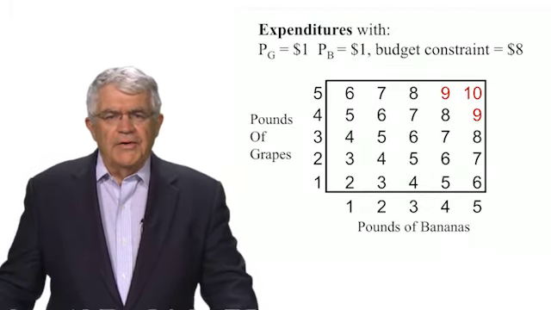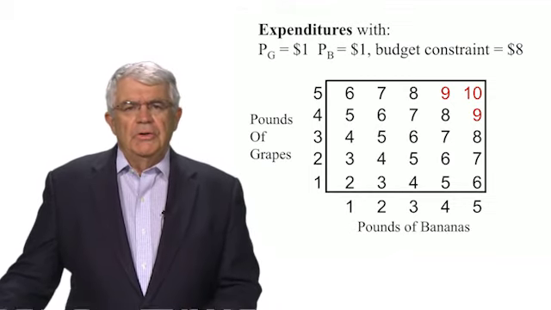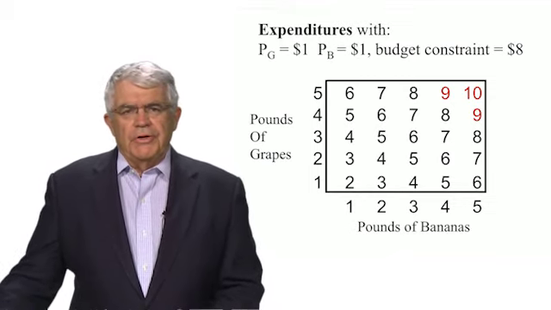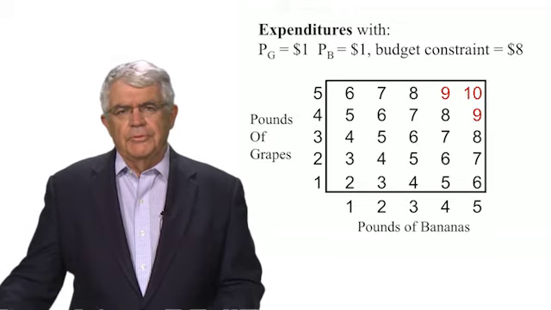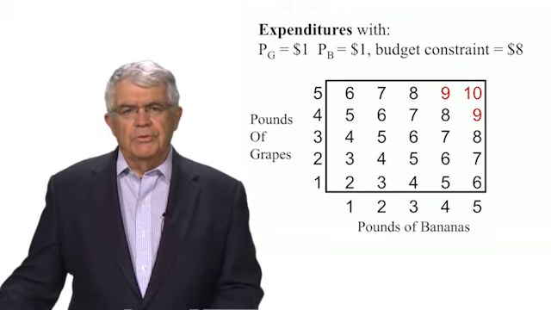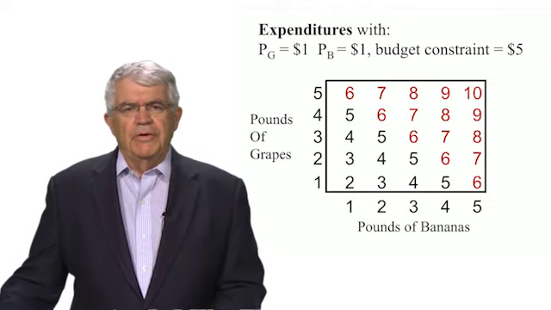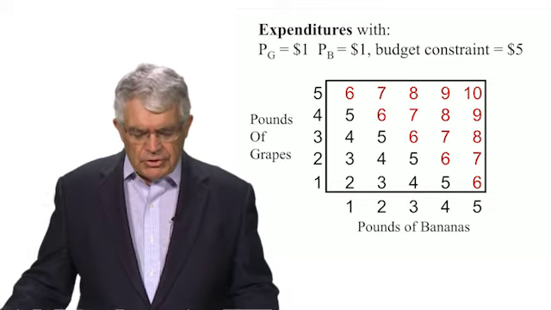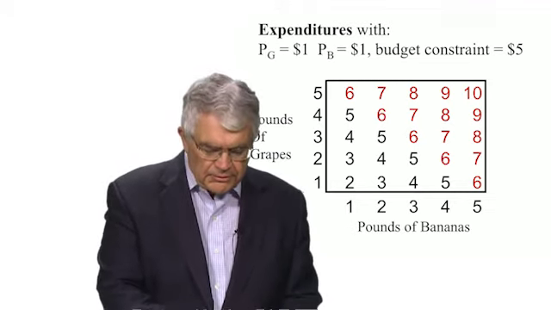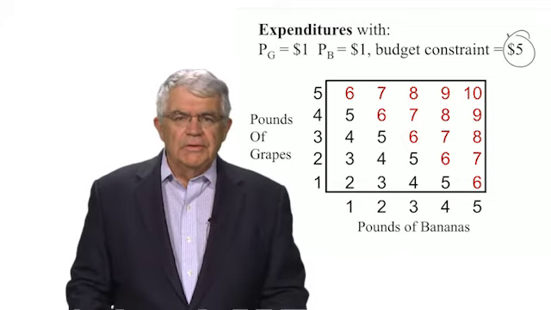Now let's go back and finally see about shifts in the curve. That's the same budget constraint we started with, $1 for grapes, $1 for bananas, a total $8 to spend, and the red lines are off limits, outside the budget constraint. Now if in fact, and this is a change, we're now changing it to suppose that only $5 is the budget constraint, so we changed that 8 to 5.